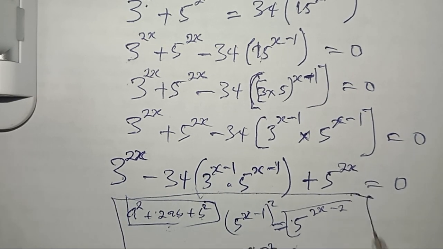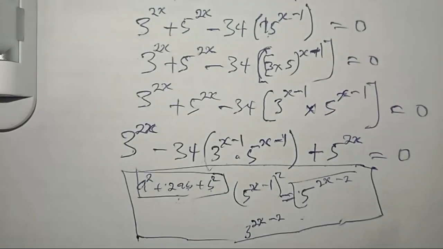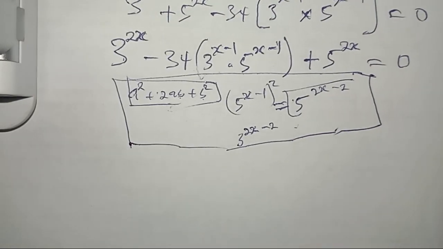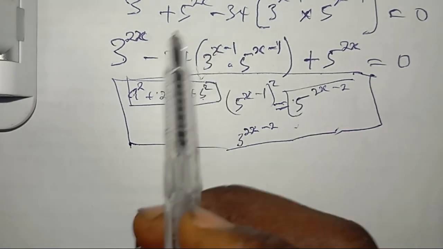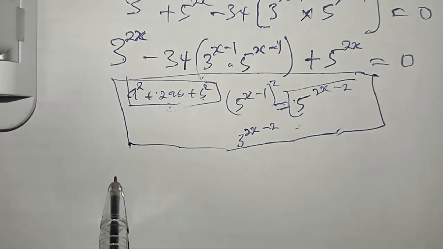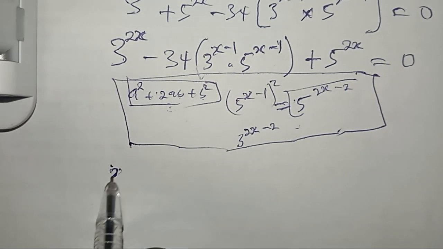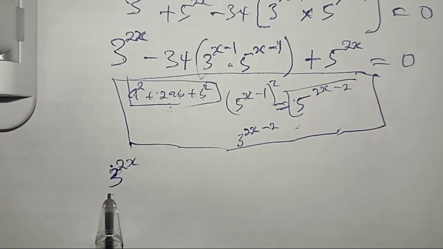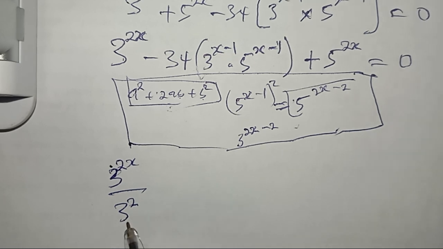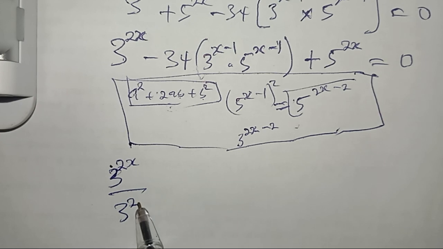So let me put this in block, and then we can proceed to do that. To achieve what we want to do, we divide this term here by 3^(2x), and then divided by 3^2, so that when we now subtract this, we are going to be having this 2x minus 2 over here.